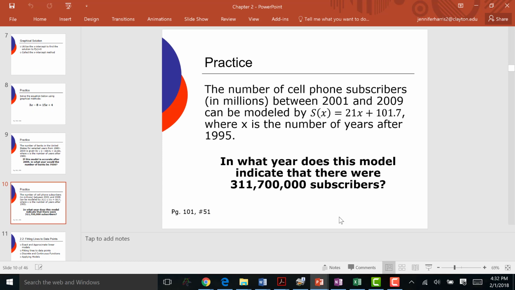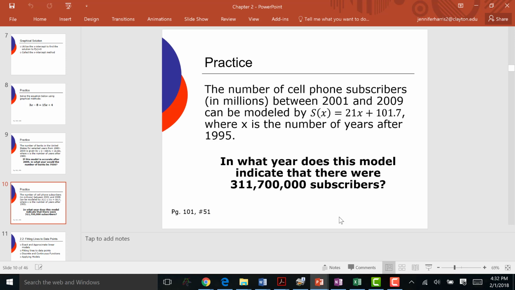What's the topic? Let's read and see if we understand the topic. It says the number of cell phone subscribers in the millions between 2001 and 2009 can be modeled by the function S of X. In this case, they chose to use S. Why S? Subscribers, okay, people that have cell phones.